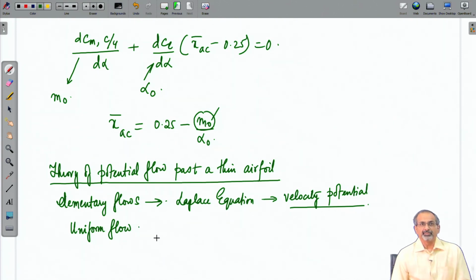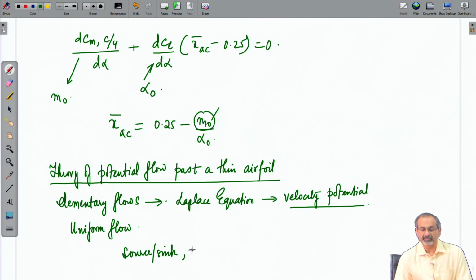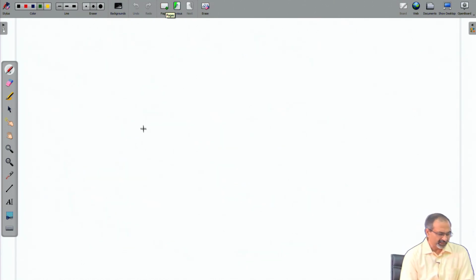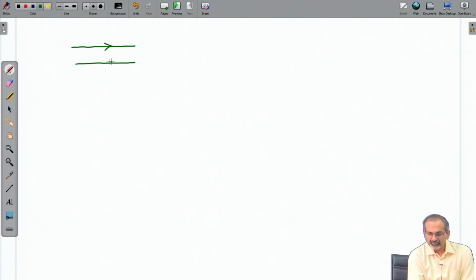Now, we are going to develop on the concept of elementary flows by looking at a few others. What are they? We are going to look at source or sink as the next elementary flow, followed by a doublet and then a point vortex flow. So, we have to look at these few more elementary flows. Let us go ahead with that. Before we go into source and sink, we relook at our uniform flow.